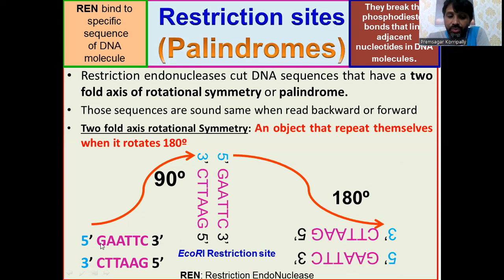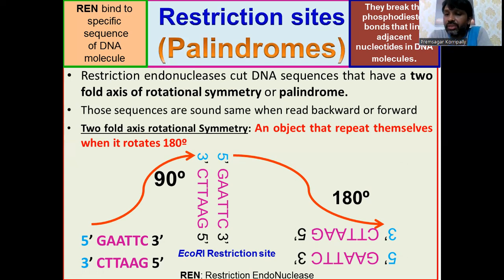In the original, the 5 prime first strand is blue color. Here you see the first strand, 5 prime, is black color. But if you read the sequence from here, you get the same, GAATTC.